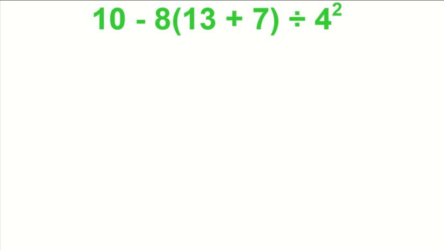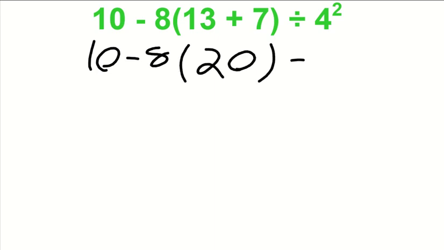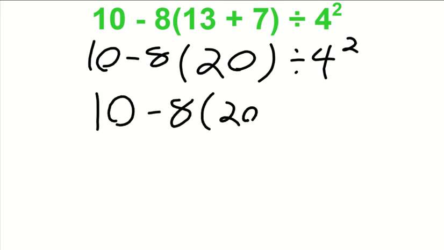All right, so what do I do first? 13 plus 7. We do our parentheses first, 13 plus 7. So I still got the 10, I got minus 8, that's 20. I left the parentheses there, but we've already done what's inside. All right, after the parentheses, what's next? Exponents are next. So I got 10 minus 8 times 20 divided by, now that's 16.